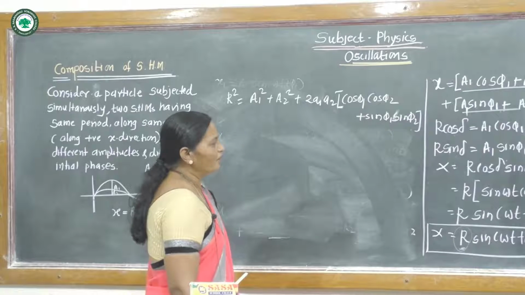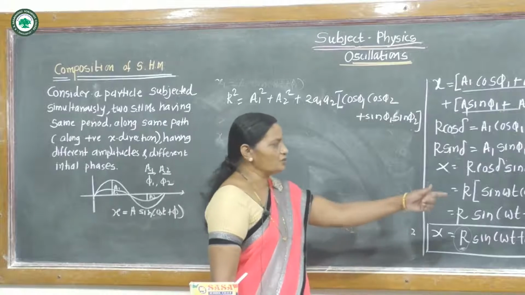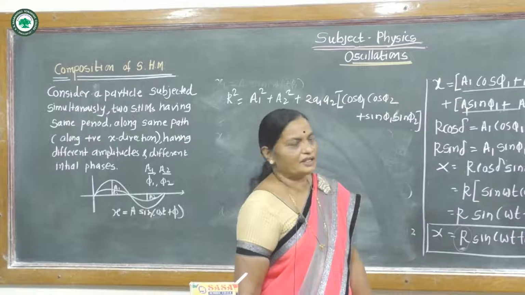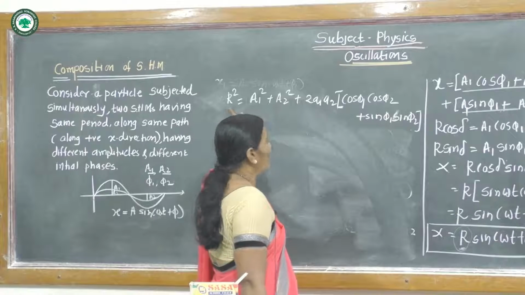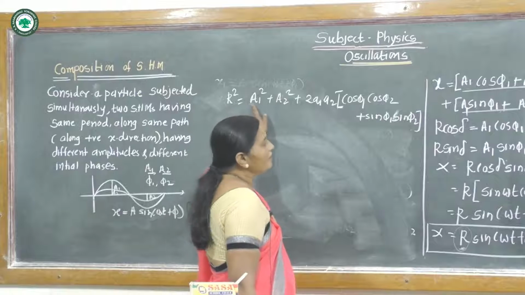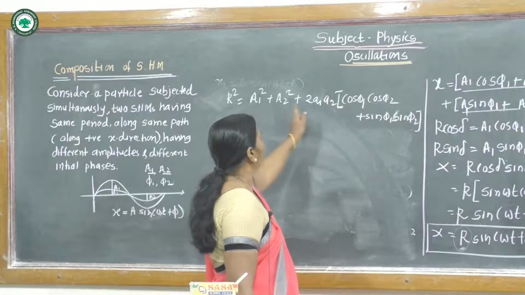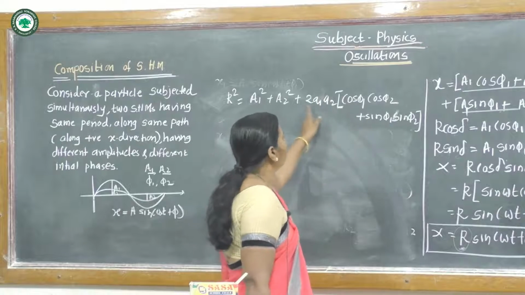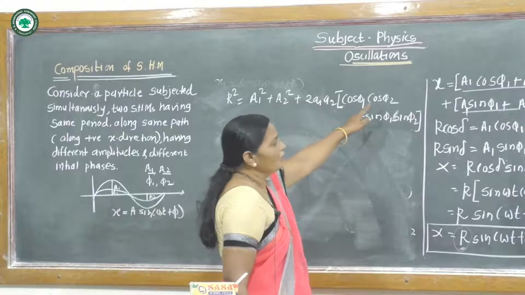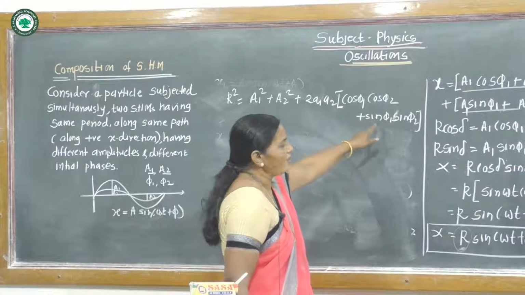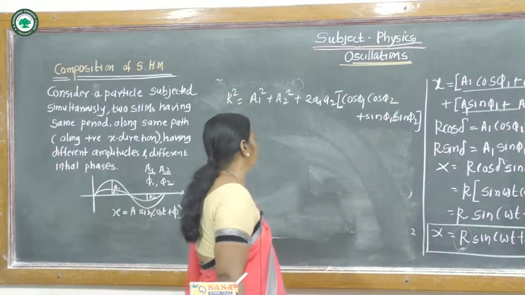From trigonometry we can write cos square delta plus sin square delta is equal to 1. Rearranging the equation, we get R square is equal to A1 square plus A2 square plus 2A1 A2 common, cos phi 1 cos phi 2 plus sin phi 1 sin phi 2.